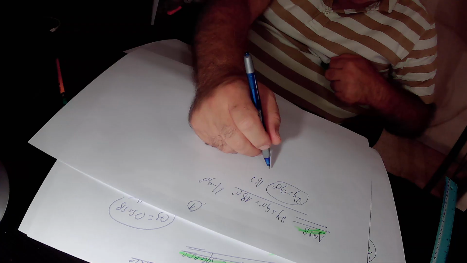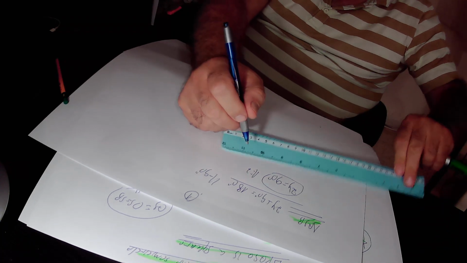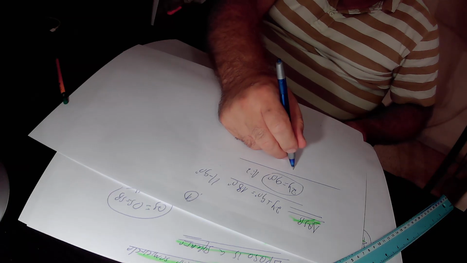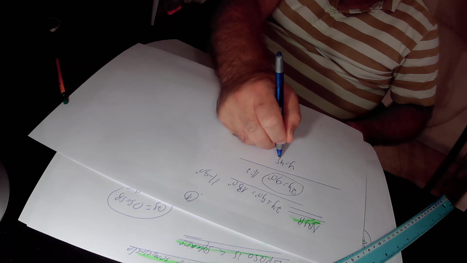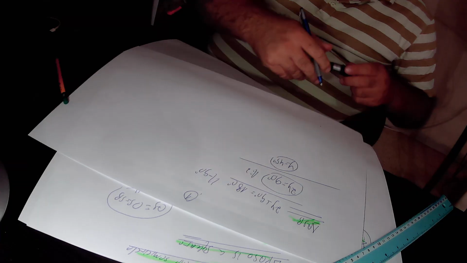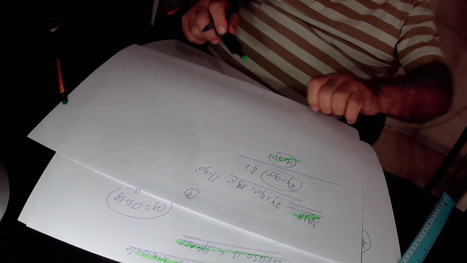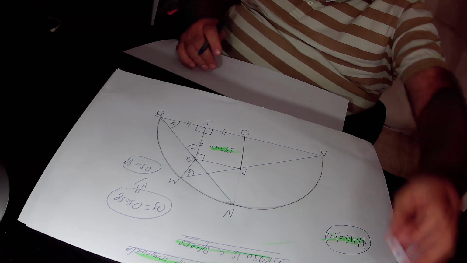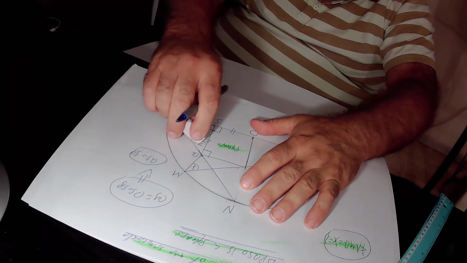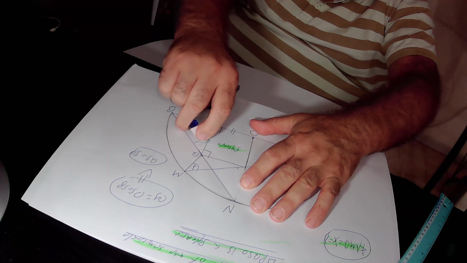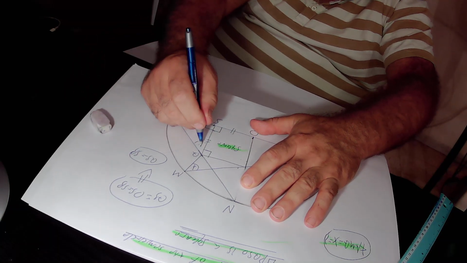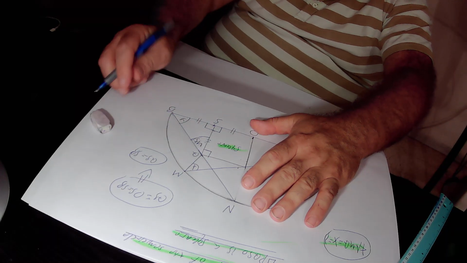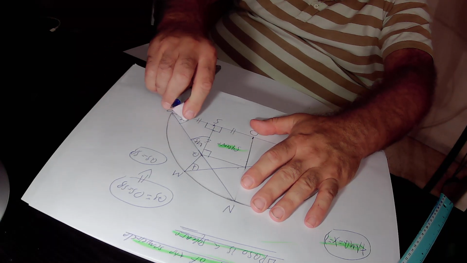And finally we get that the missing angle y equals 90 degrees over 2, that is 45 degrees. This is the missing angle y that is equal to 45 degrees in its size. And this is also the angle y that is equal to 45 degrees in its size.